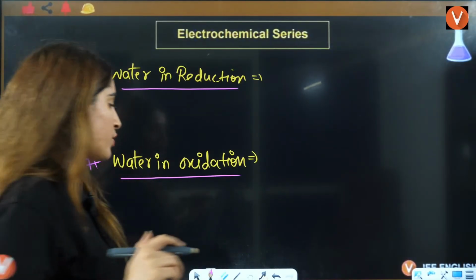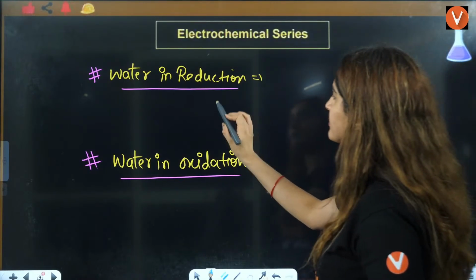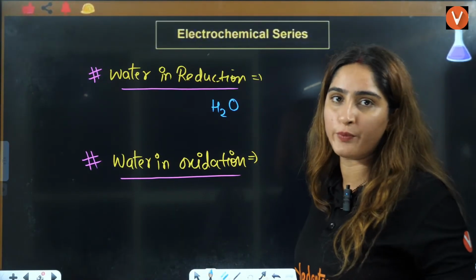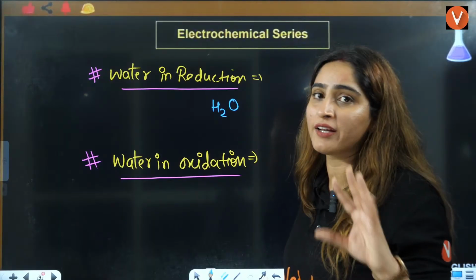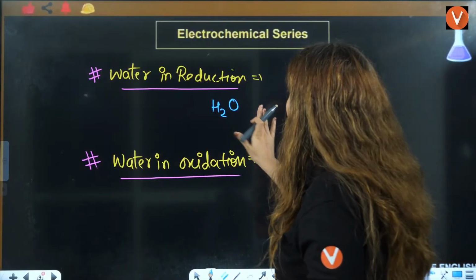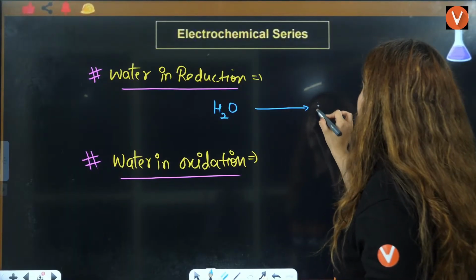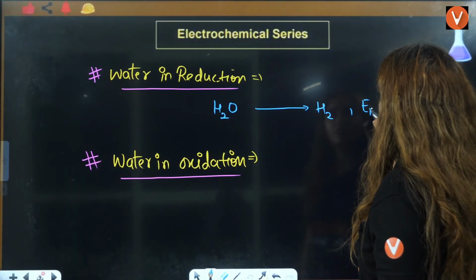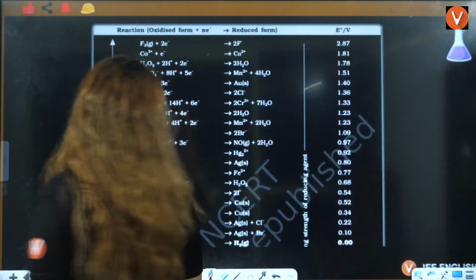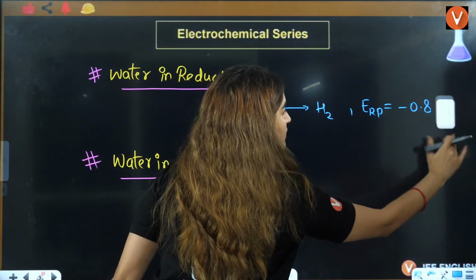I am not writing the full equation, you don't need to learn the full equation. I am simply going to tell you what exactly to do here. When water is in reduction, it gains electrons and is converted to H2, and the reduction potential is going to be minus 0.83.